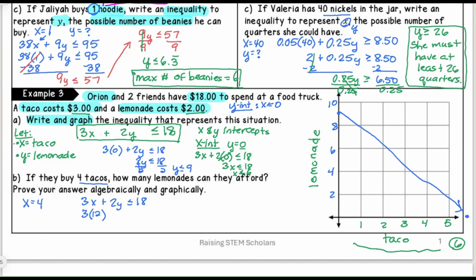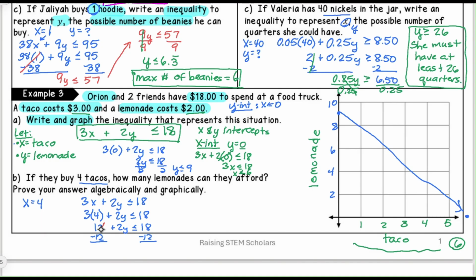You can tell when I do the math in my head as I'm writing, I end up doing goofy stuff like that. Okay. Do over. 3 times 4 plus 2y is less than or equal to 18. This is going to be 12 plus 2y less than or equal to 18. I can subtract my 12 from both sides.